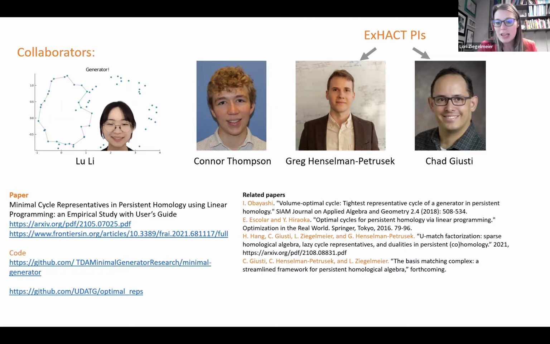The idea is that exact is a platform that lets people do calculations that they can't already do by giving a nice, clean way to get access to and work with sparse matrices. And computing, I almost said generators, computing cycle representatives is a basic first step. This minimal cycle representative idea can show you how you can use some of these tools.